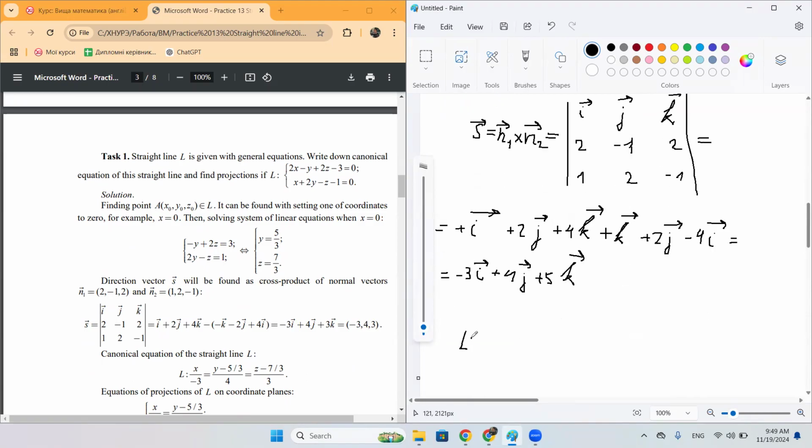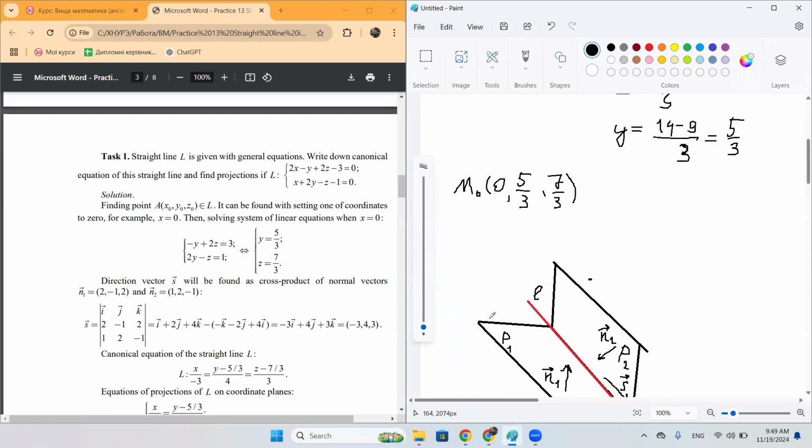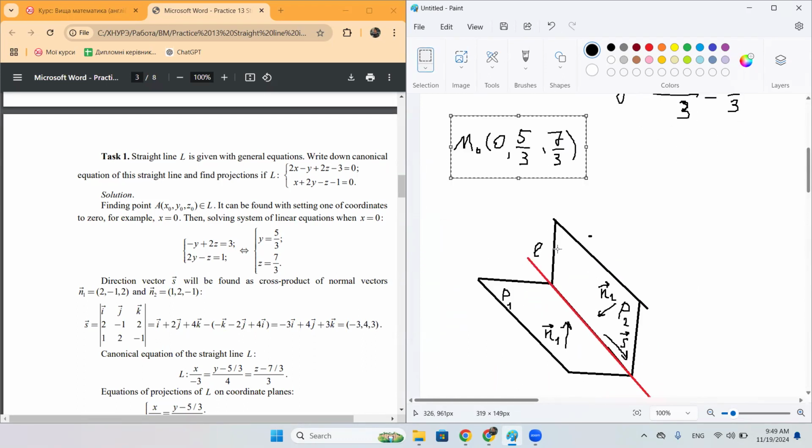So the equation of this straight line is the following. Just to remind you, the coordinates of the point M0.